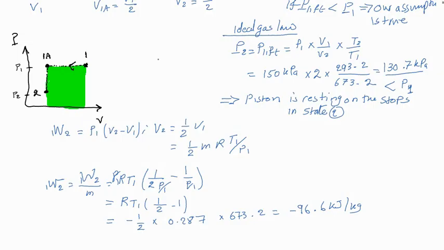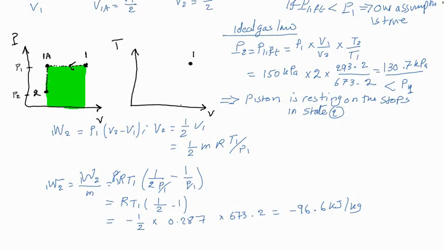If you would like to express the process that just occurred in a TV diagram, or temperature volume diagram, it may look something like this. Starting from state number 1, we know that the temperature was dropping and the volume was dropping until they reached the stop.